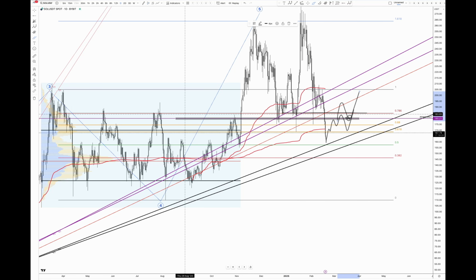But this level, so what's that level? 184 to 179 is our major resistance, and we'll see how that goes. But yeah, definitely bearish at this point. Liquidity is further down.